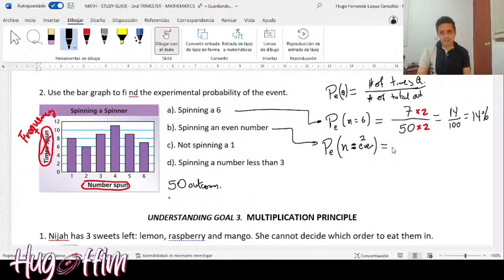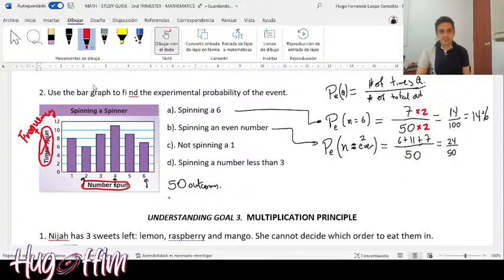Now even, so just take the even numbers, 2, 4 and 6. 2 is 6 times, plus 4 is 11 times, so plus 11, plus 6 is 7 times, so over the total, 50. So 11 and 7, 18, 18 and 6, 24. 24 over 50.